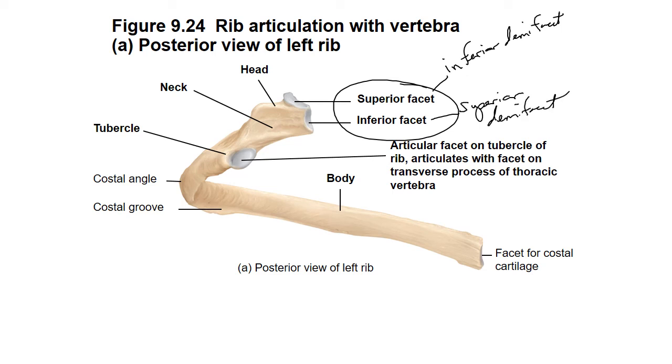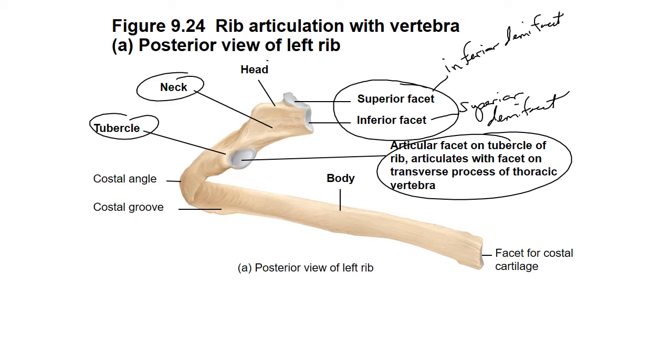Then the articular facet on the tubercle of the rib articulates with the facet on the transverse process of the thoracic vertebra. The tubercle is a little projection on the rib. This part's the neck, and this part's the head. And this end over here is where the costal cartilage attaches, and that's a facet down there that attaches to the costal cartilage.